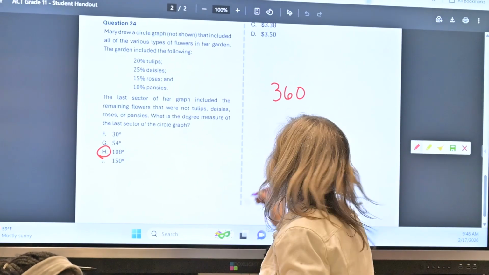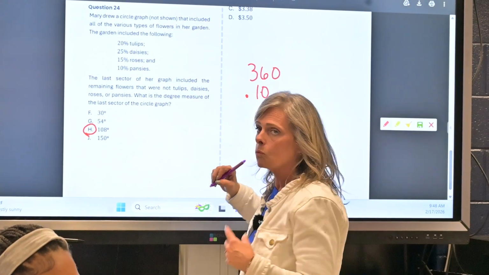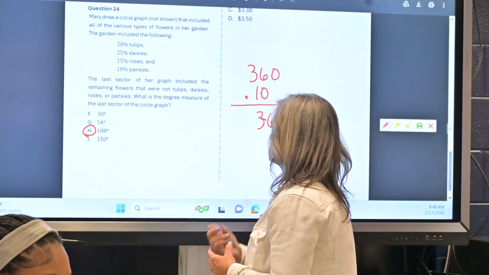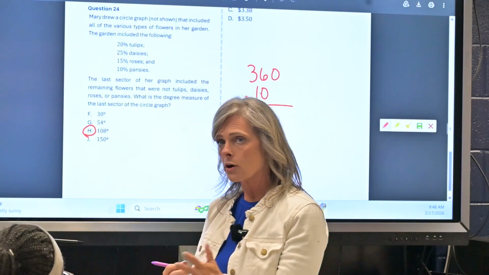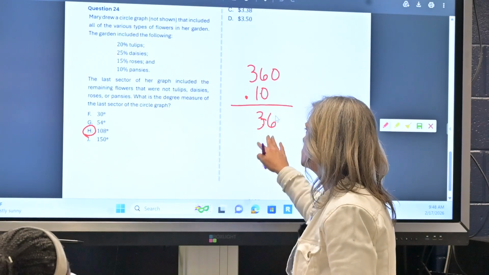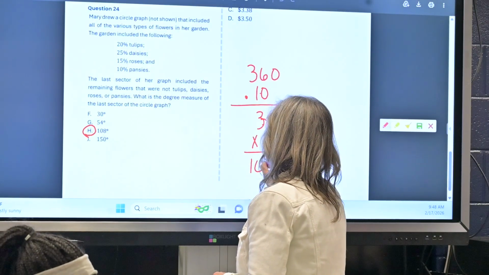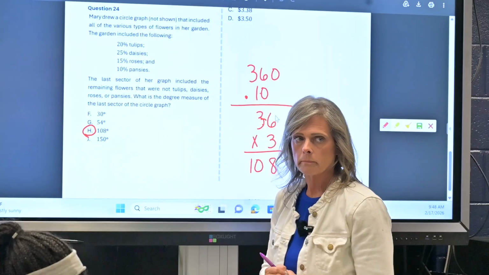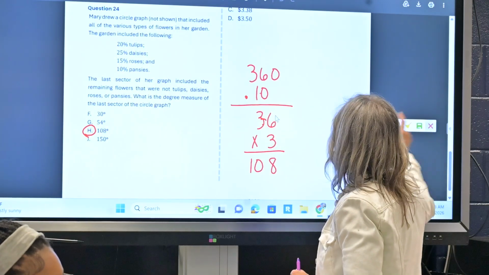She multiplied that by 10%, so by 0.10, and she got 36. Okay, so 10% is 36. We know we need 30%, so then you would just do 36 times 3, and that's 108. Okay, 108. Did I describe that good? You guys good? Okay. All right, I'm gonna get rid of this one.